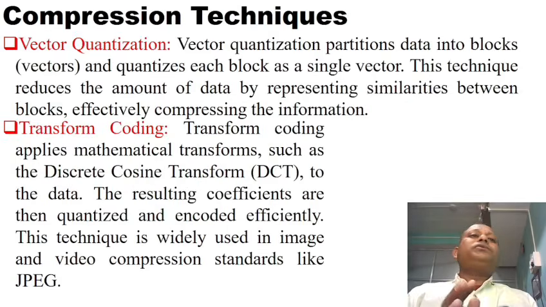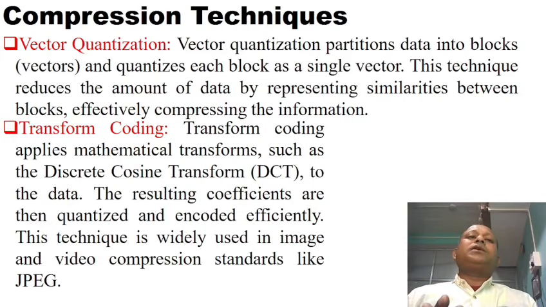Now, vector quantization partitions data into blocks, which are known as vectors, and quantizes each block as a single vector. This technique reduces the amount of data by representing similarities between the blocks efficiently and compressing the information.